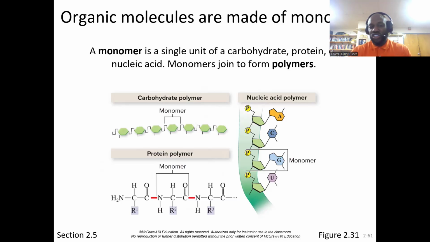Monomer is just a term used for a single unit of one of these organic compounds. Monomers join to form polymers, right? So these monomers of each of these different types of organic molecules come together to make polymers, long chains. Okay? Just keep that in mind.